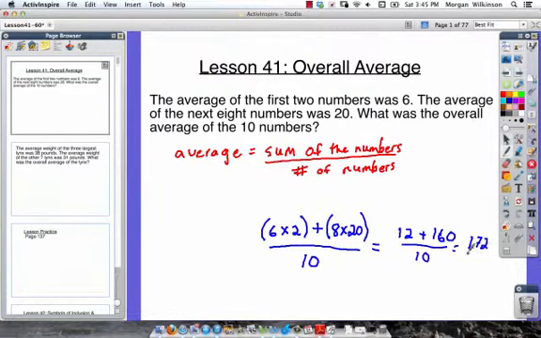We're going to say 172 divided by 10. It's always nice to divide by 10 because we just move the decimal spot over 1. So 172 divided by 10 is 17.2, and we've got our final answer. The overall average of those 10 numbers would be this. Let's go ahead and move on to the next slide.